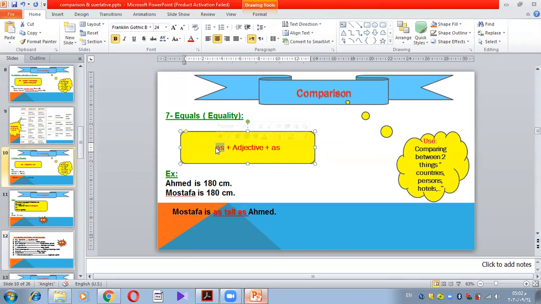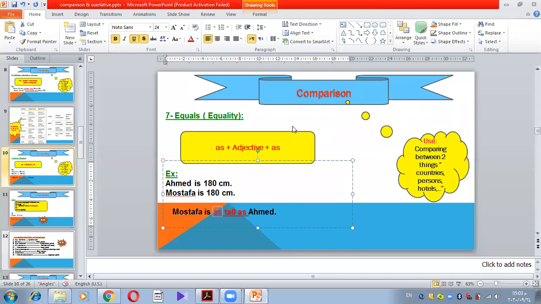Okay, so if I said, for example, Ahmed is 180 centimeters and Mustafa is 180 centimeters, how can I compare between them? We can say Mustafa is as tall as Ahmed. They are the same, equality, the same one. There is no difference between them. So as, okay?